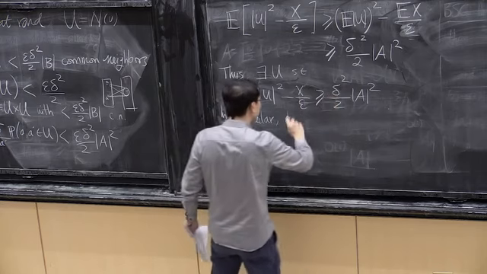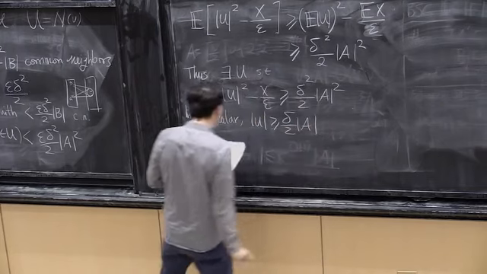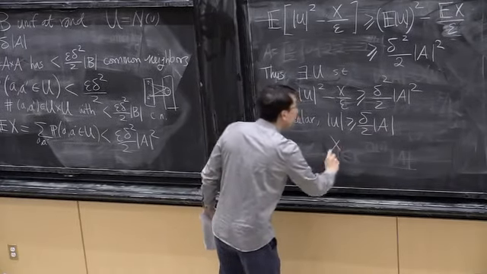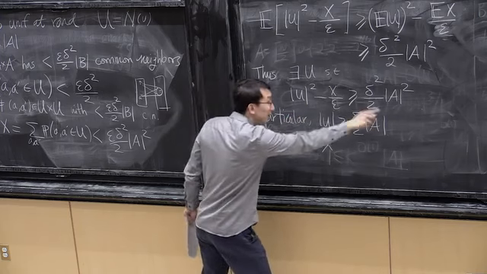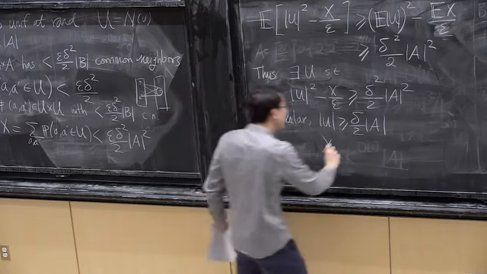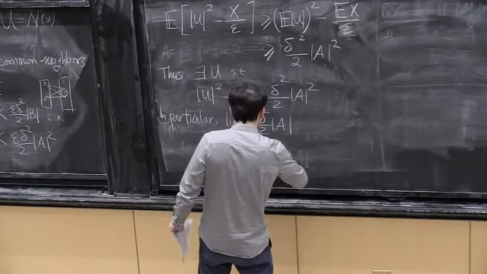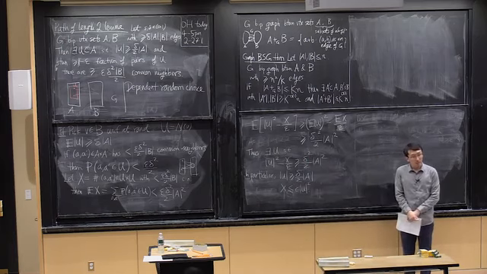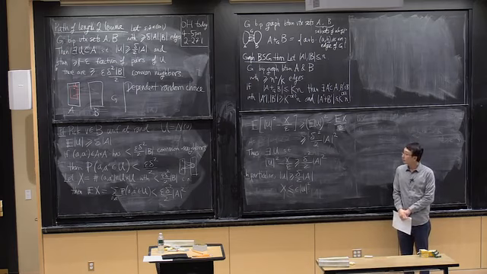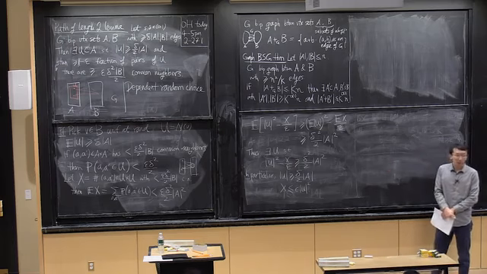So the size of U is at least delta over 2 times the size of A. And just looking at the left-hand side, which must be a non-negative quantity because the right-hand side is non-negative, we find that X is at most an epsilon fraction of U squared. Okay, so putting these together, we arrive at the path of length 2 lemma.